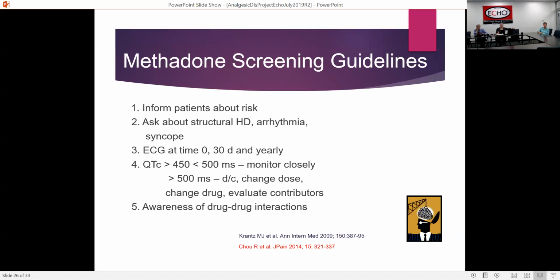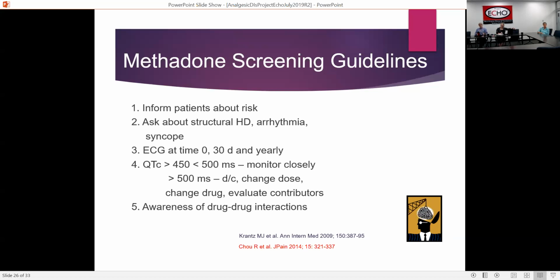There are new guidelines that update what you see on the slide, and it's on the reference list in red, and that's just for those who would like to pursue it. But it's similar to what you basically see on the slide.